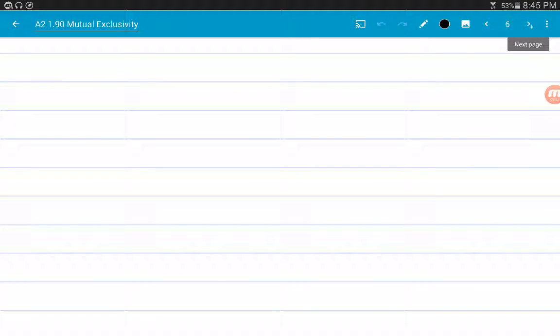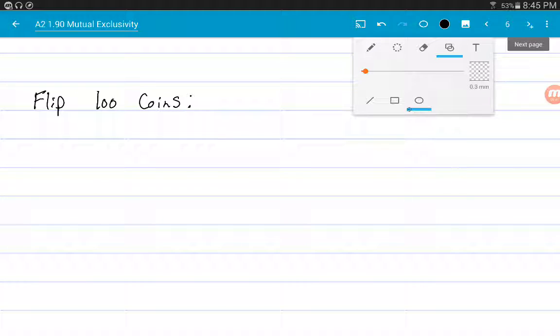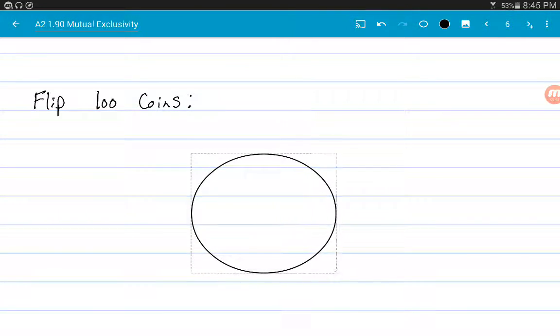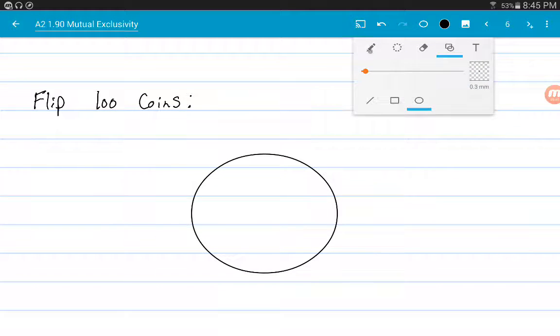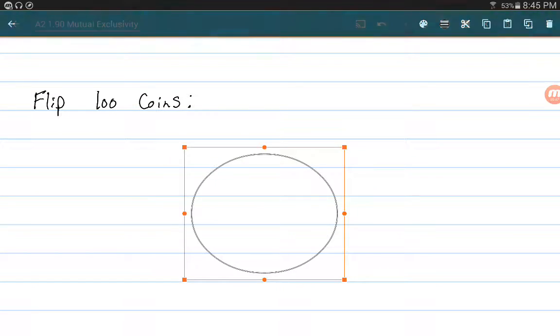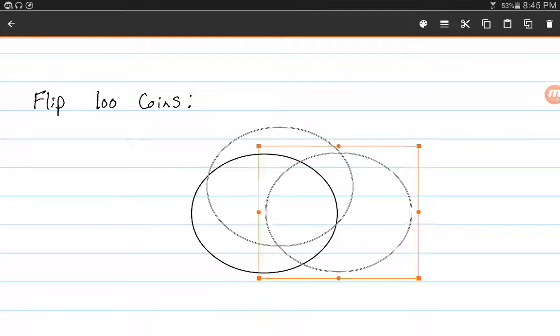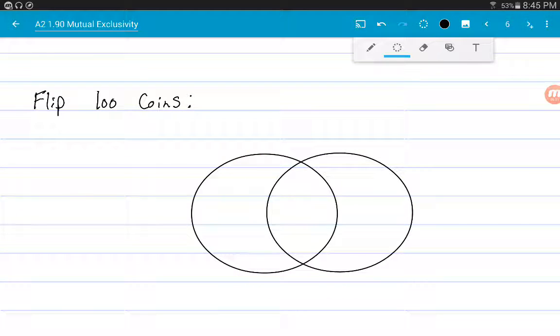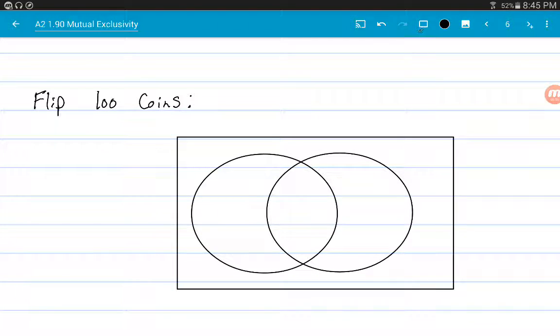If I flipped a bunch of coins, and that gave me a Venn diagram. I flipped a bunch of coins, and let's say that this is heads, and this is tails.